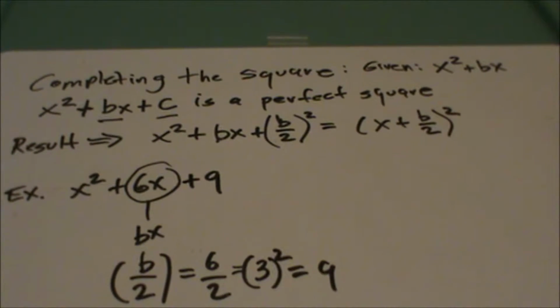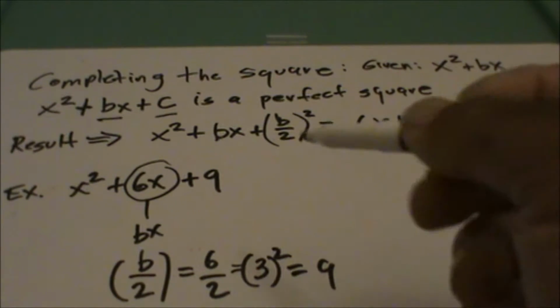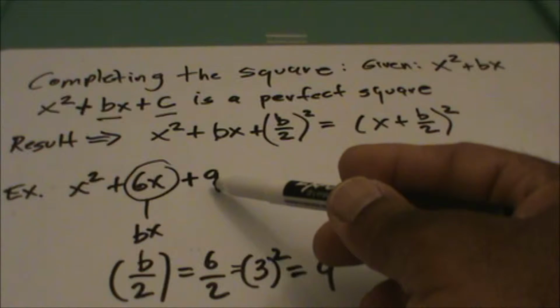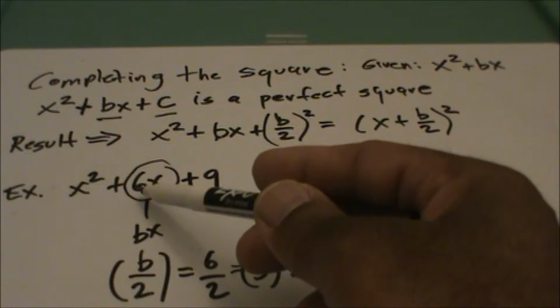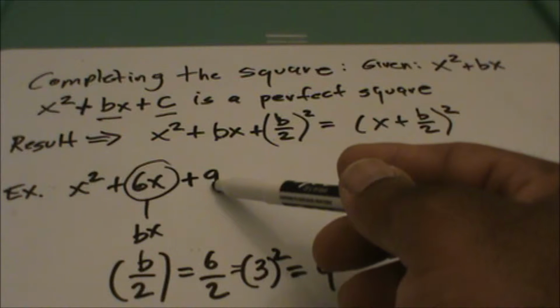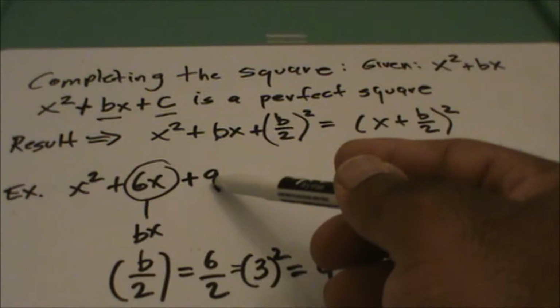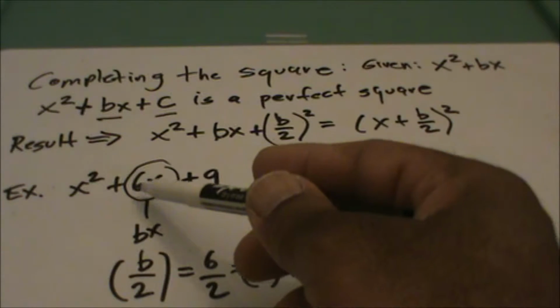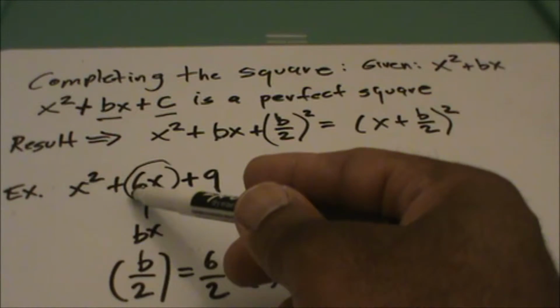And then afterwards, we find that the same values that give you 9 are also the same values that give you the middle term. So 9 represents the product of 3 times 3, and the same pair of numbers will give you the sum in this case. So 3 plus 3 is 6.